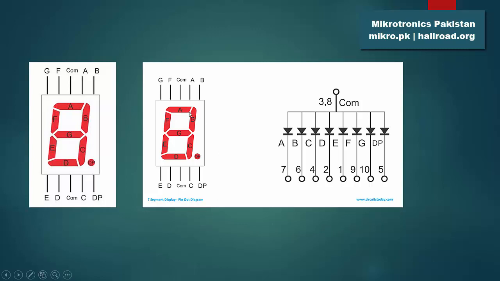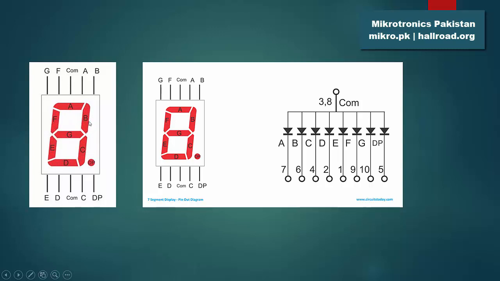The segments of these LEDs are fairly standardized and they have been named as segment A, segment B, segment C, segment D, E, F, and G. They are always talked about in this order.